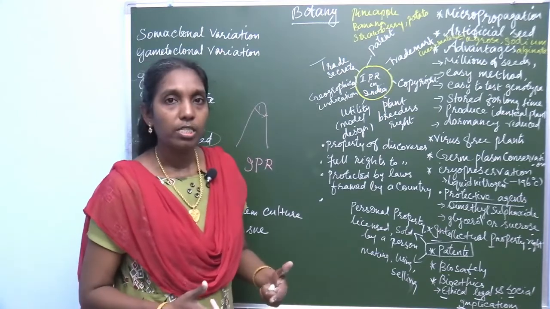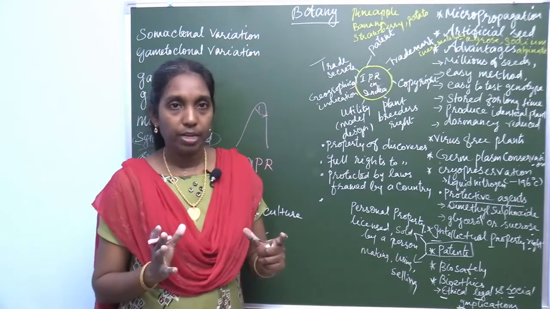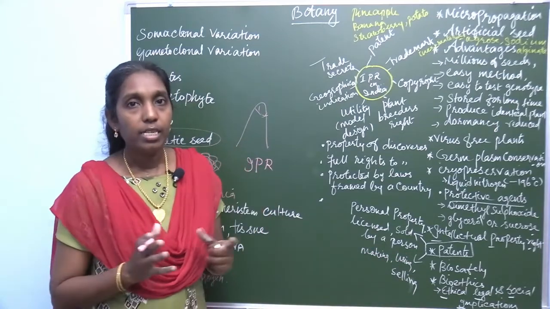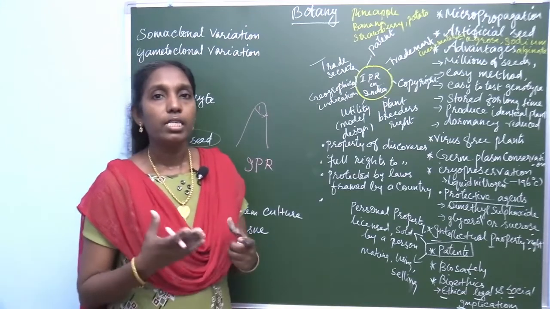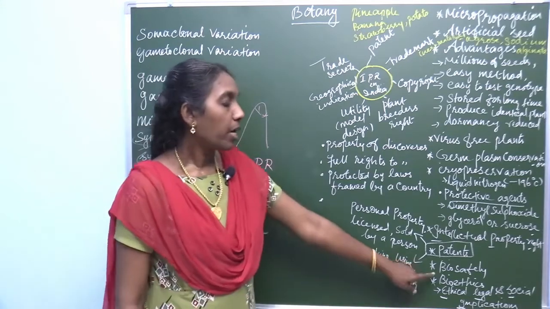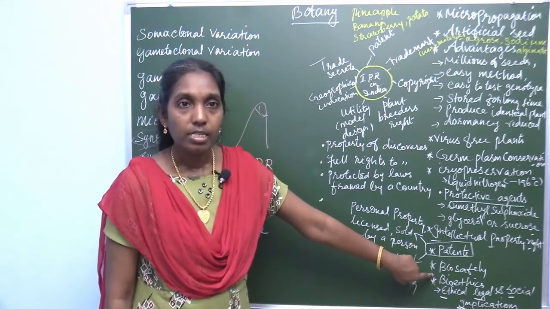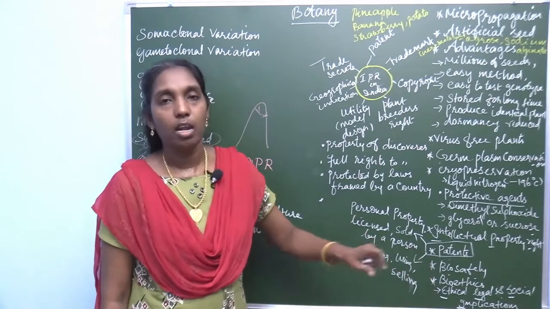So many byproducts are produced from plant materials. In industry, in large scale commercial production, these products very easily get spoiled. So, biosafety is prevention of this large scale loss.